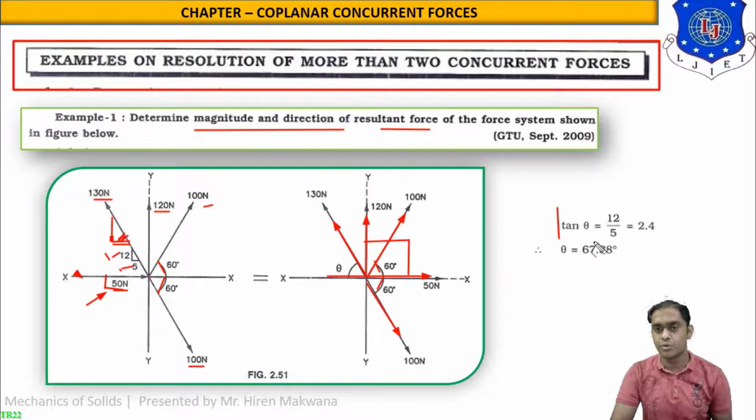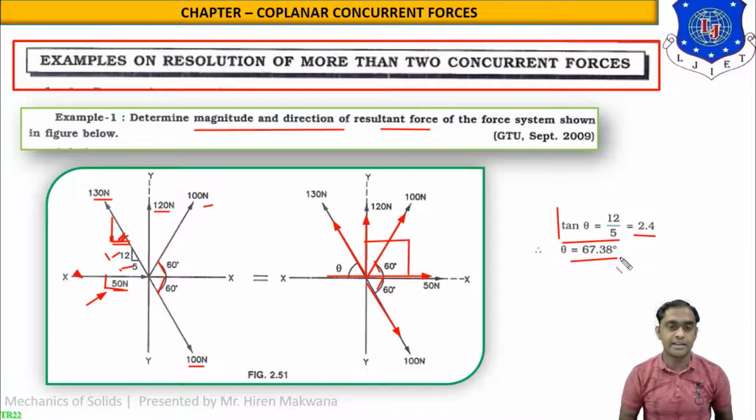So tan theta is equal to 12 by 5, and with the help of a calculator it gives 2.4. If you do tan inverse of the value, you will get theta equal to 67.38 degree. So this theta in the simplified figure will be 67.38 degree. This right side figure is the simplified figure for our calculation.